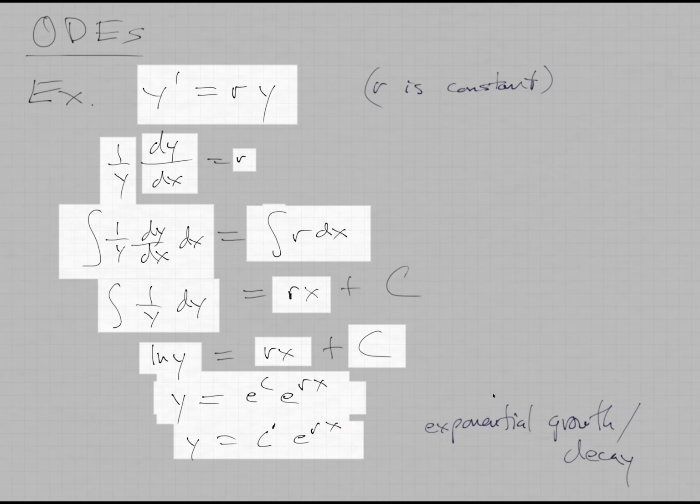This is the equation for exponential growth and decay, and it's used for population growth, it's used for radioactive decay. The constant c prime here represents the initial size of the population, or the initial size of the mass of the radioactive material that's going to be decaying. R represents the decay rate, or population growth rate.